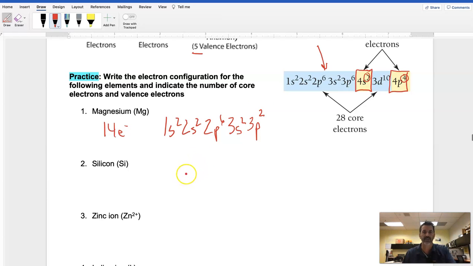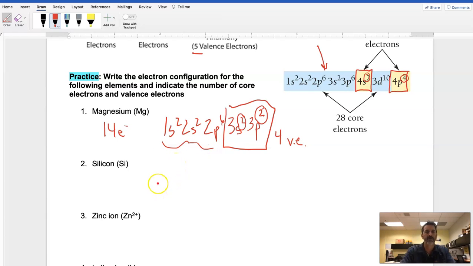Okay, now I have 14 electrons. Again, my valence electrons are the outer ring electrons. This 3s2 has 2 electrons on ring 3, and there's another 2 electrons on energy level 3. So I have 4 valence electrons total, and everything else would be our core electrons.